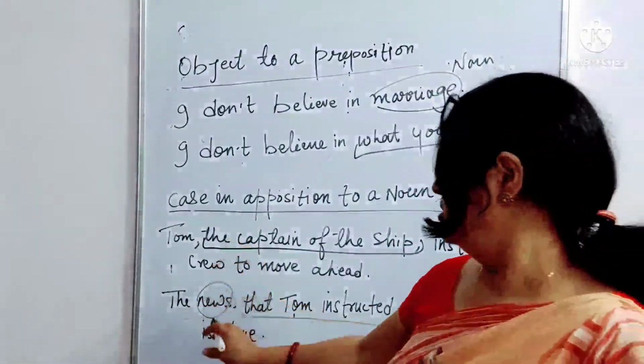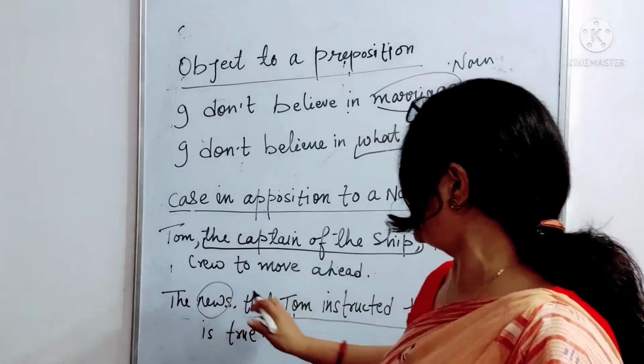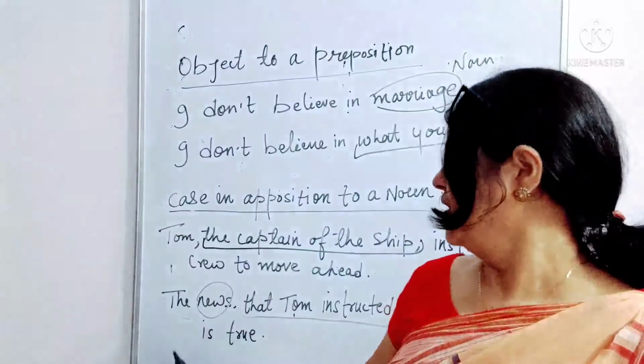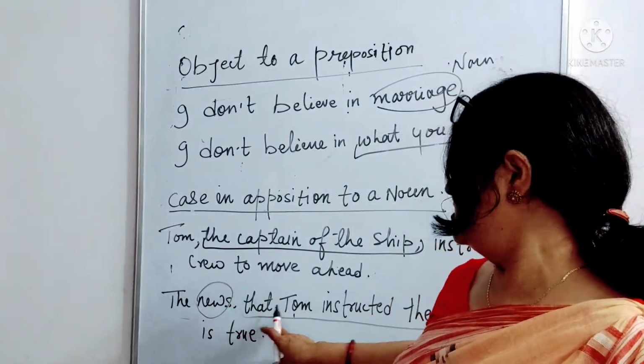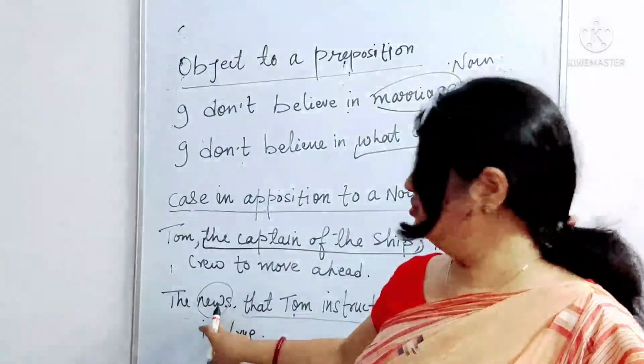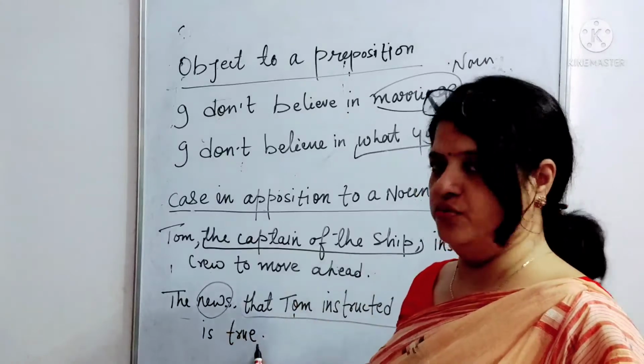What is the news? The news is that Tom instructed the crew. So news and Tom instructed the crew, both are the same thing. That is why we have put this apposition after this noun, news. So the news that Tom instructed the crew is true.